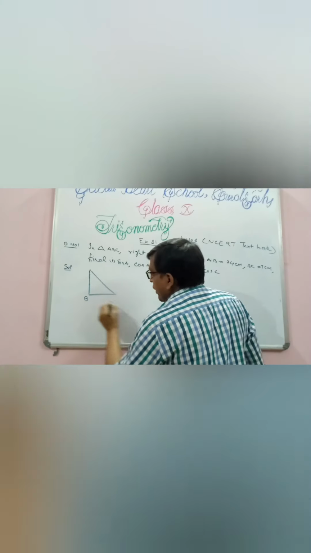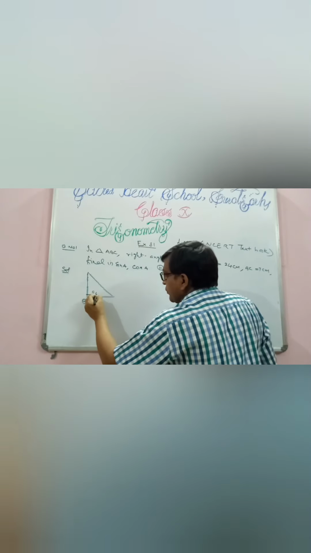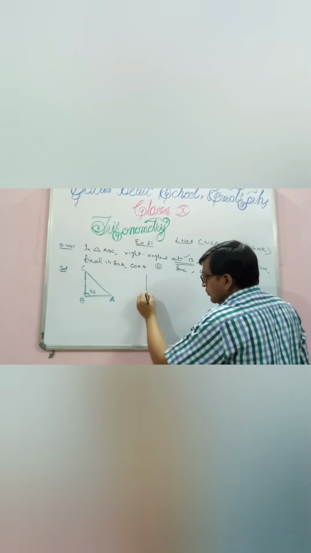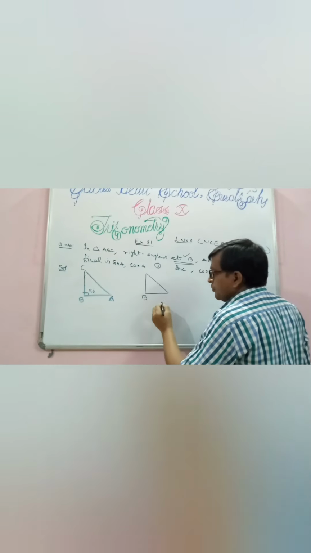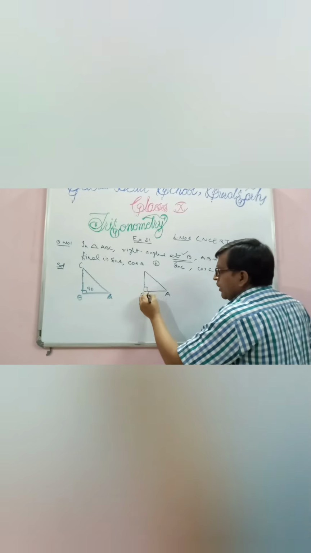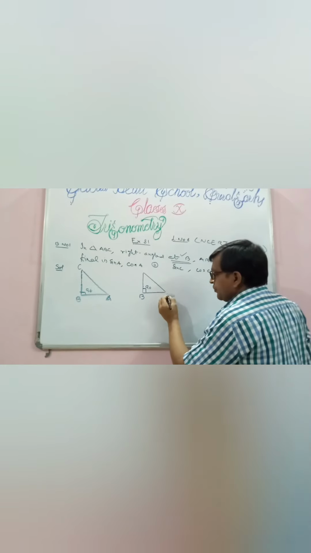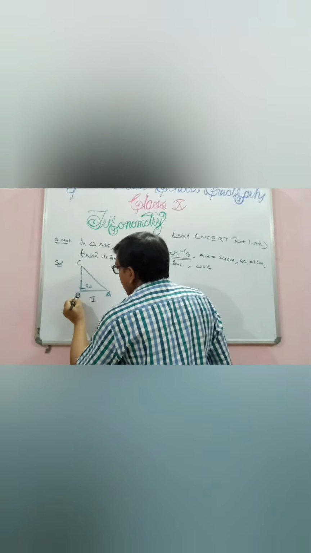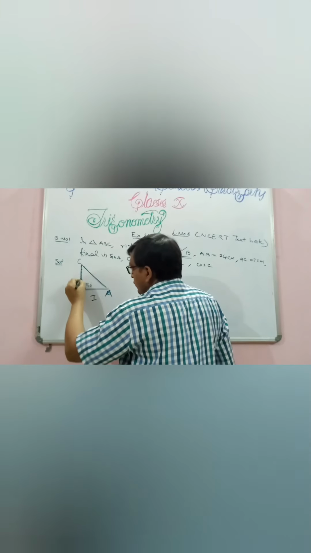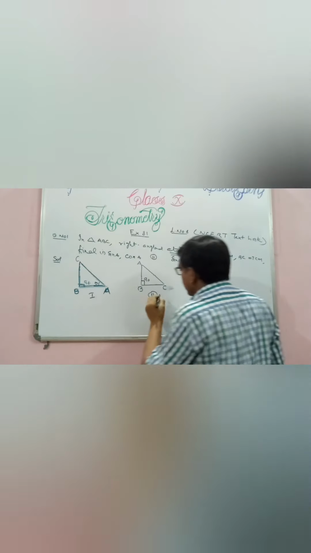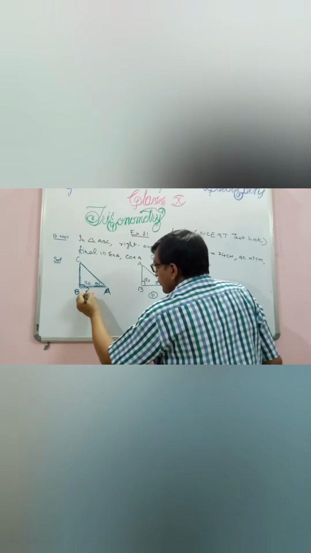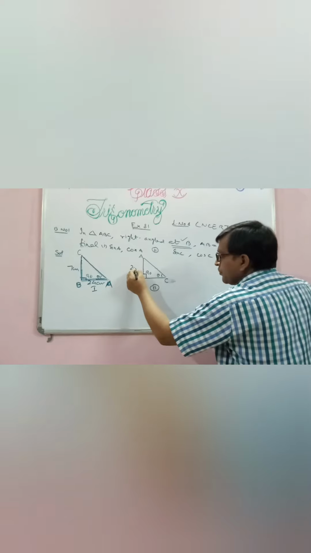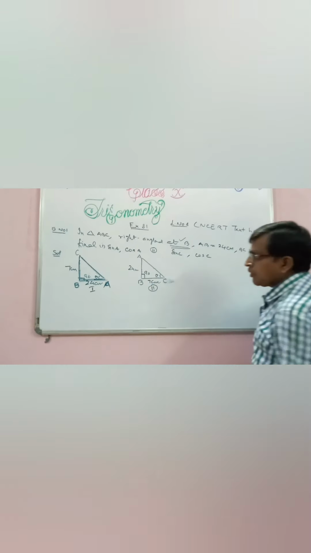First you see B as the 90 degree angle, then A, then C. In the second, here B, here A, here C, and then we put theta at A in one and at C in the other, with AB 24 cm and BC 7 cm. This is the way.